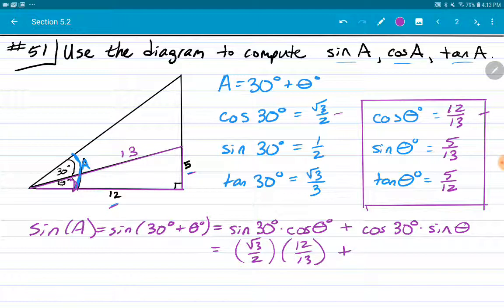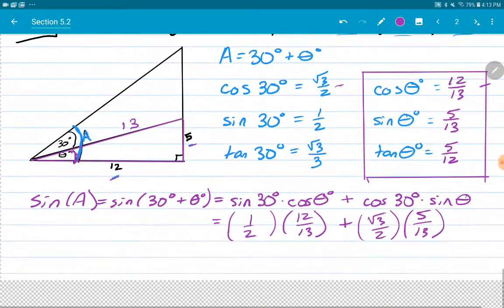Whoops, I think I wrote the wrong thing, sorry. Sine of 30 is 1/2. Cosine of 30 is radical 3 over 2. And sine of theta is 5 over 13. I think I copied everything right now. That looks good.